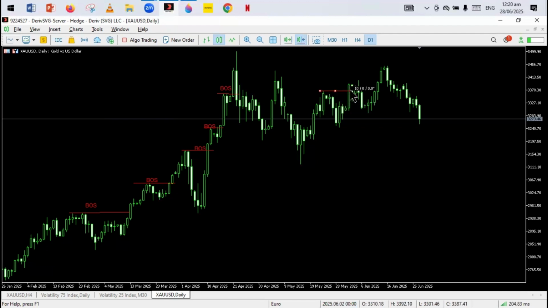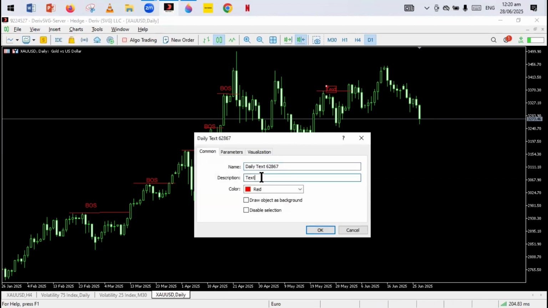Break of structure. Insert text, break of structure.